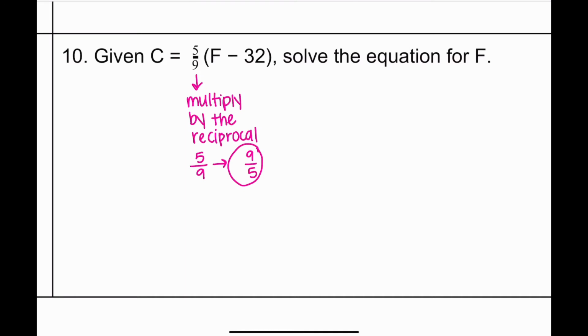Let's rewrite our equation, giving ourselves a little bit of space to multiply by 9 over 5 on both sides. So if the goal is to get rid of the 5 over 9, we multiply by the reciprocal on both sides.